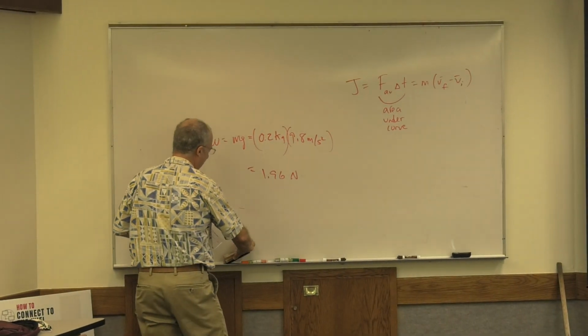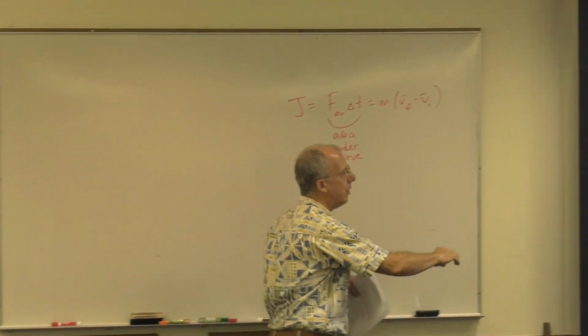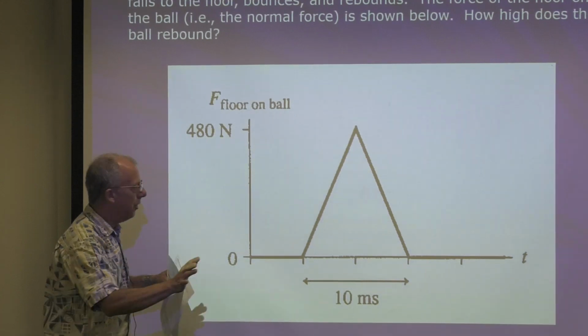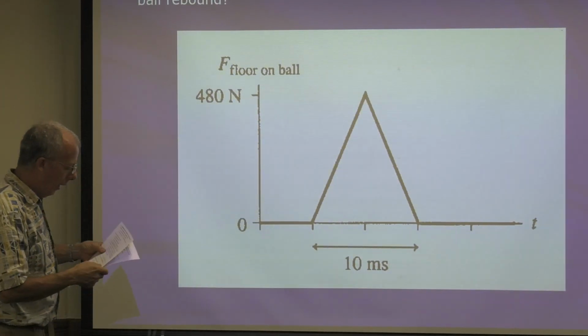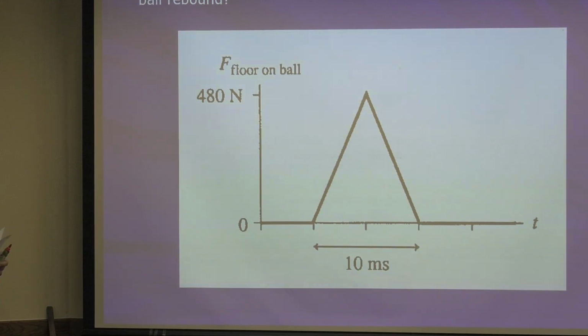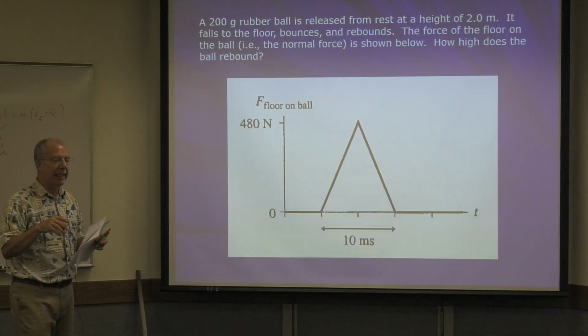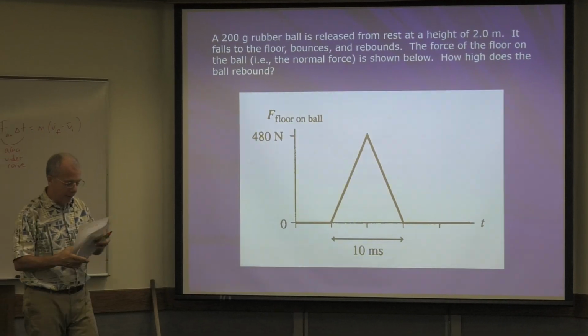We can ignore it. All right? We can ignore it. Now, if this were something like 2 or 3 newtons, we couldn't ignore it. But this is almost 500 newtons. What's 2 compared to 500? Insignificant. So that's called the impulse approximation, where you just ignore gravity because it's insignificant compared to this. So we'll save a little time doing that.